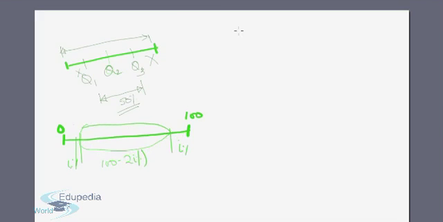To understand it in a better way, let's assume that i is equal to 10. Now we know that percentile divides the data into 100 equal parts. So let's say we have from 0 up to 100. Now if i is equal to 10, what I'm going to do is I'm going to remove the first 10 percentile of the data from the beginning and the remaining 10 percentile from the end.